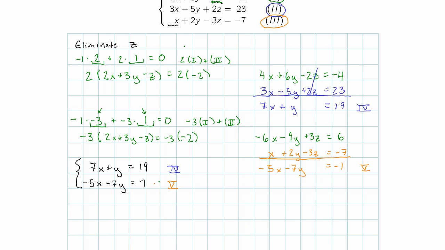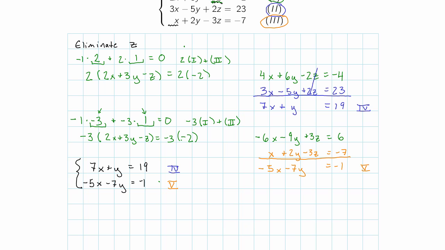One thing that commonly goes wrong in a problem like this is to get to this point and have all 3 variables still showing up in those 2 equations. That's not going to work. We need to have the same 2 variables in these 2 equations.